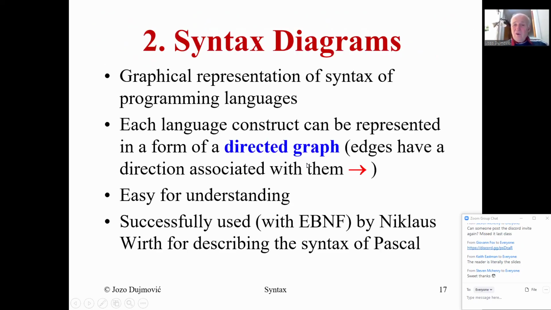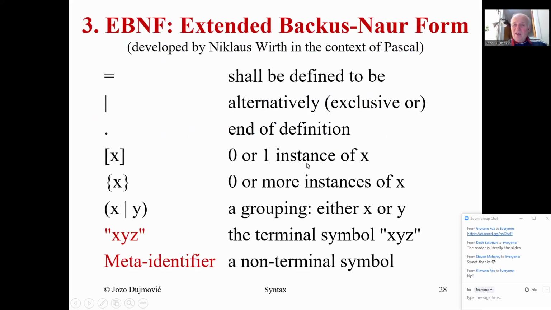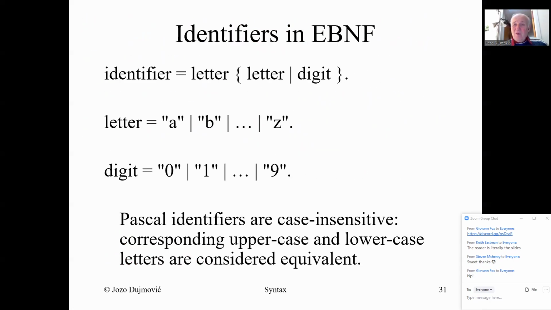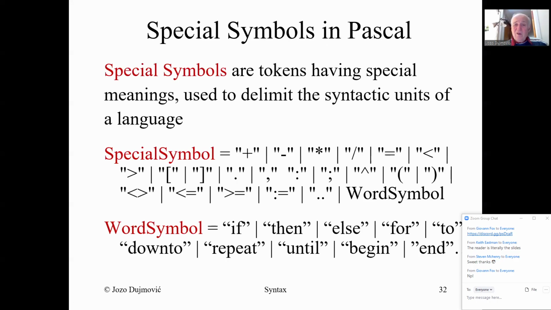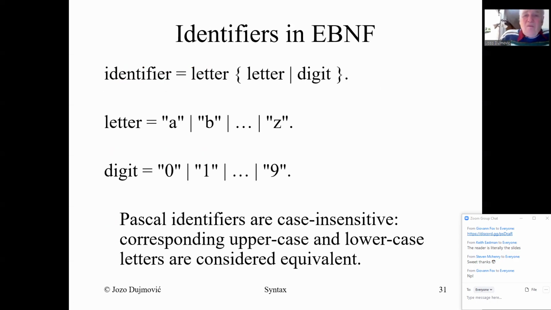Syntax diagrams are rather nice, but it is rather important to have simplicity, and simplicity and compactness is obtained here using EBNF. You have letter, and then you have a sequence with letter or digit.